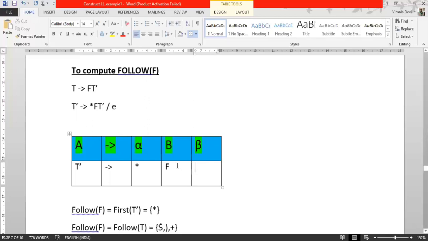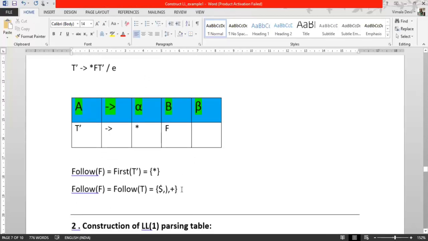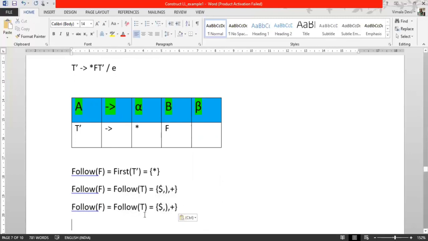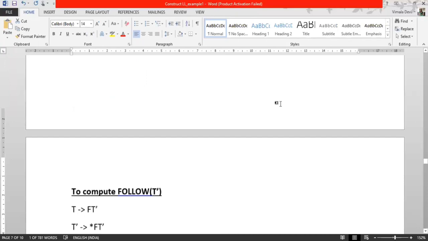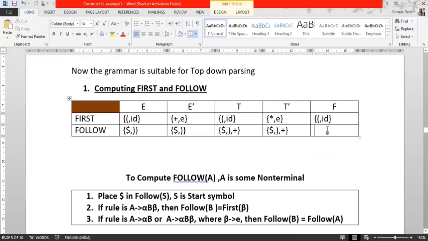Now if you try to identify, follow of F is equal to follow of T' also. So let me write it here. Follow of F is equal to follow of T'. So as a whole, if we update, these are the four symbols which we have identified as follow of F. Now let me update all the symbols in the table where we are entering the first and the follow set for all the symbols. This is how we have to compute the first and follow for all the variables.